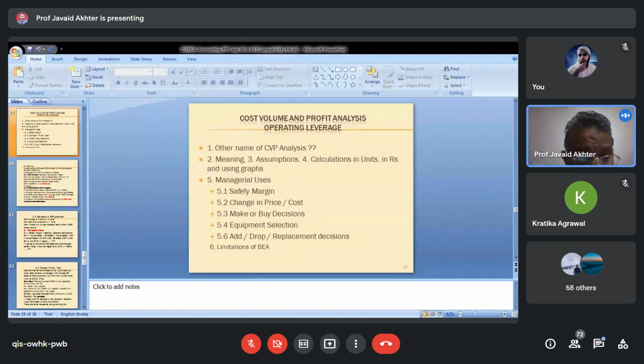The assumptions of break-even analysis. By assumption I mean that in all the social sciences, the theories, rules, principles, postulates, hypotheses, etc., are always subject to certain assumptions.